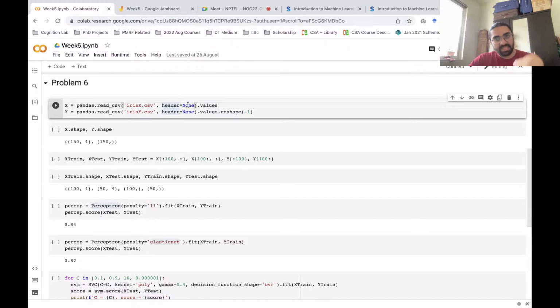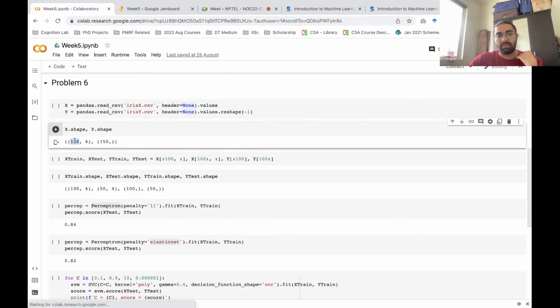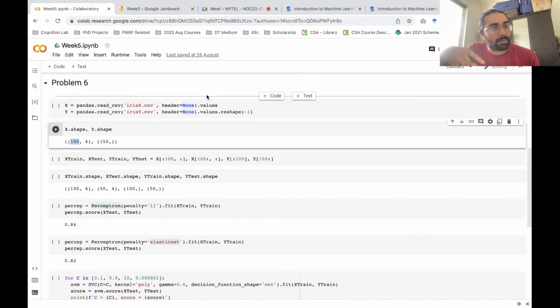The first row itself is data, so you need to use header equal to none to tell it that even the first row is a part of the data set, and only then will you get 150 data points. If you don't use it, you will get 149 data points, which could be one of the ways that you can verify what has been told in the email compared to what you have obtained in your data set.